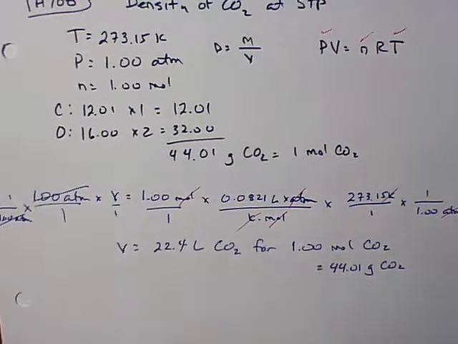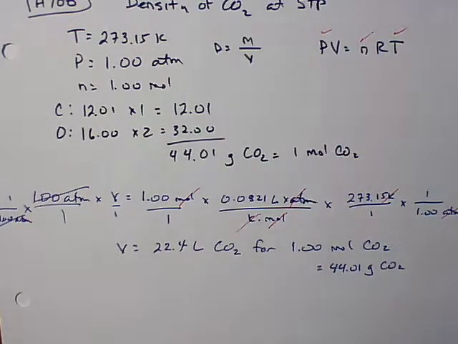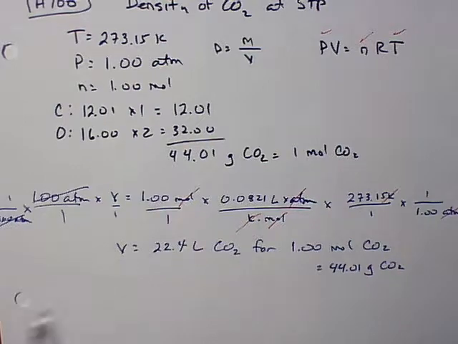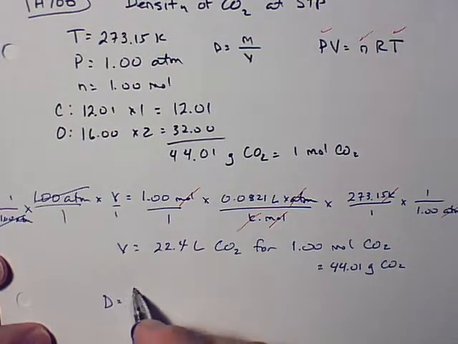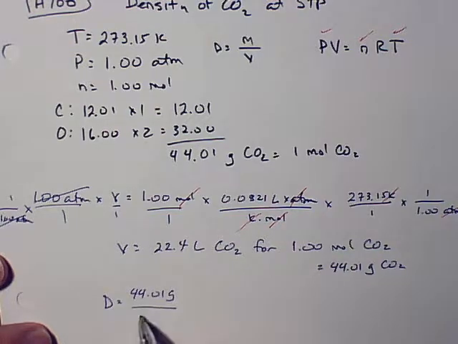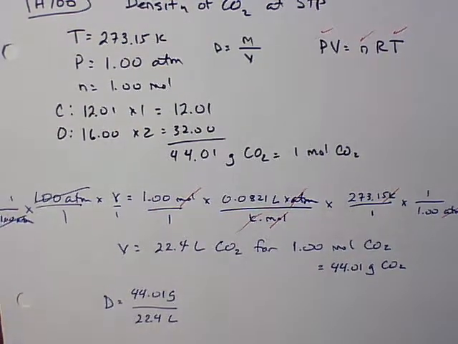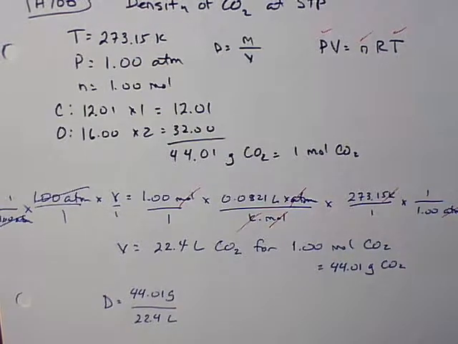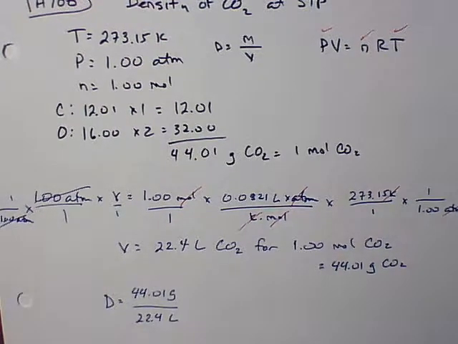Mass over volume. So the density then is going to be 44.01 grams over 22.4 liters. Now most of the time in chemistry when we calculate density we do it in grams per milliliter, but there's nothing that says we have to do it in grams per milliliter. Most gases are actually calculated in grams per liter.